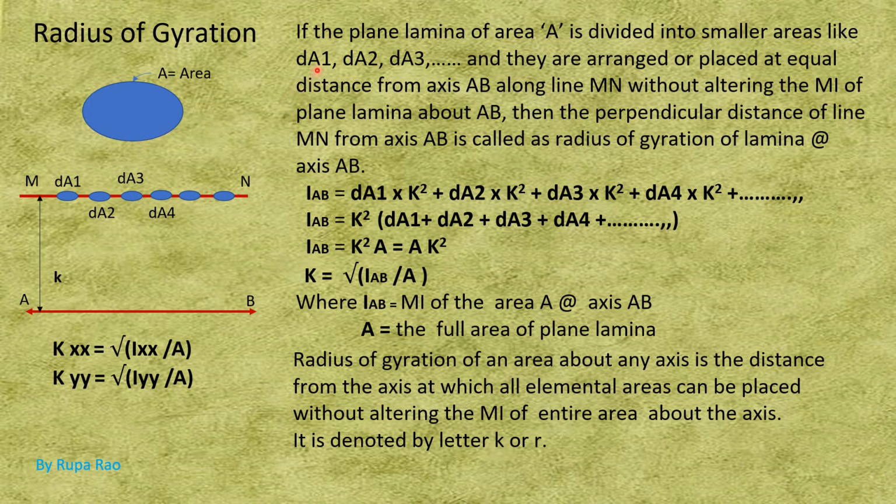Here what we do is, this is the total area A. It is divided into small areas dA1, dA2. So these are the elemental areas dA1, dA2, dA3, dA4 and likewise.